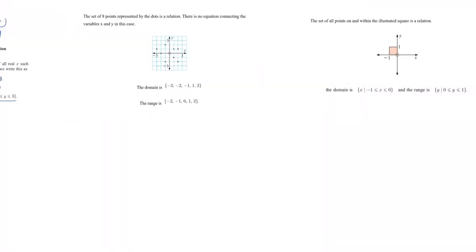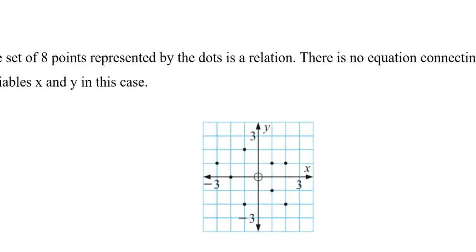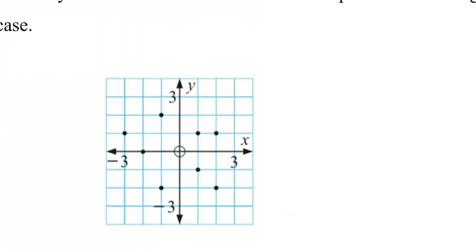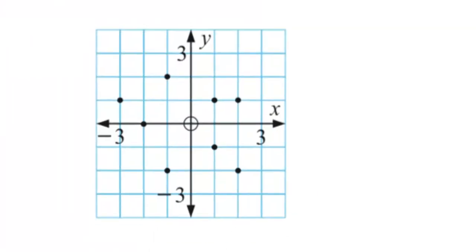So let's have a quick look at another example. Here we have a relation, and it's just made up of these dots. So can we think about what the domain is going to be? Well, the domain is going to be the set of numbers -3 because of this, -2, -1 because of these two.